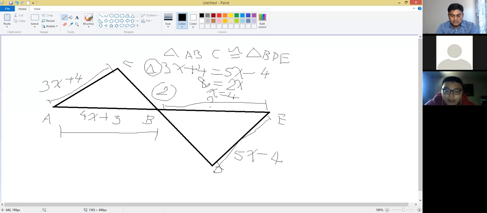We can plug x equal to 4 inside of this equation to find the line of AB, because AB equal to BE, because these two triangles are equal. And so AB is 4x plus 5, x is 4, which is 4 times 4 plus 5, which is 16 plus 5, which is 21. Therefore, BE is 21.